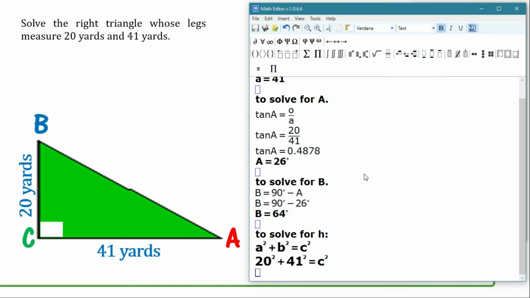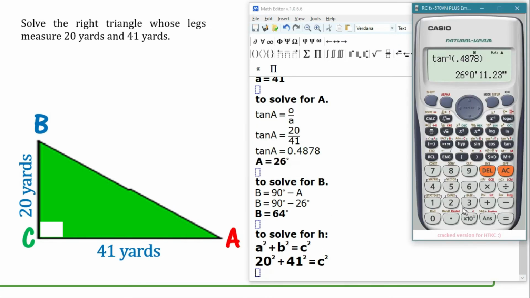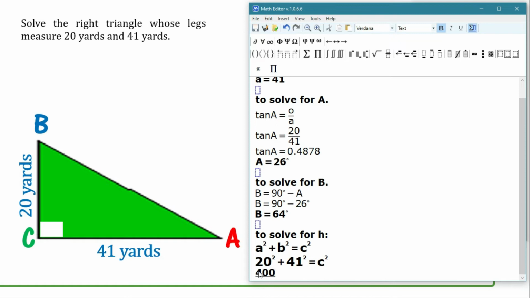And then, simplifying this one, we have the square of 20. So, the square of 20 is 400. And the square of 41 is 1,681. So, we have 400 plus 1,681 equals C square.